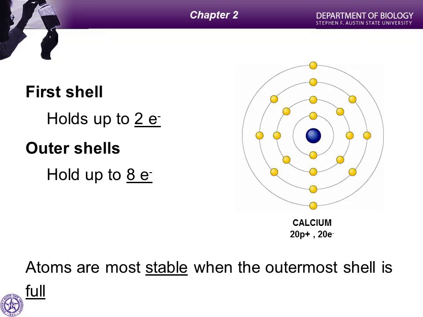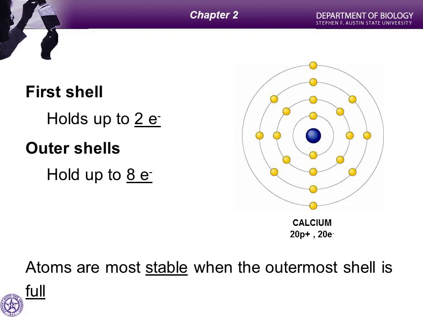But notice, where do the first 2 electrons go? That number 1, that closest shell or closest orbital to our atomic nucleus. You can pack no more than 2 in that first shell. Did you hear me? The first shell only can hold 2.